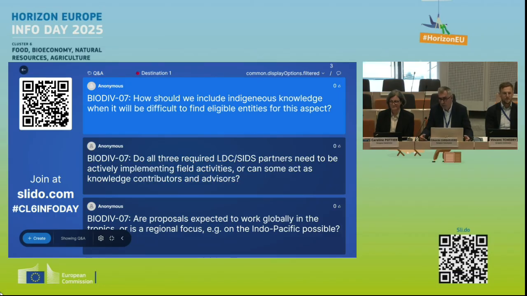Indigenous knowledge can be foreseen through, for instance, the international organizations that we've spoken about, but also in some local areas that can be part of local knowledge to be accepted as important knowledge for restoration activities. So in that sense, it's really up to the consortium to define how they will take the traditional knowledge into the restoration measures foreseen.